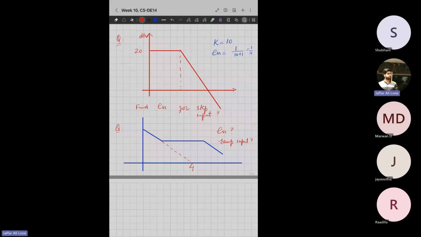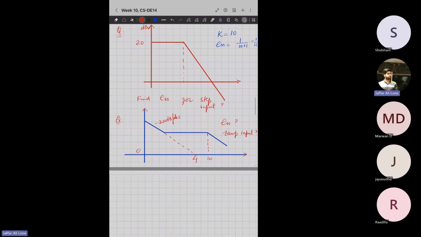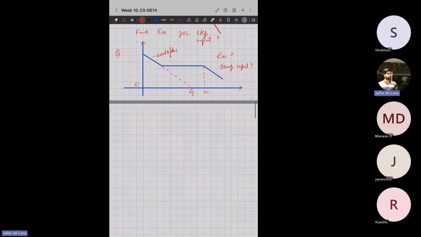Yeah, everybody, it's a good exercise. 0 decibels. Anything can be 10, you don't care. This is minus 20 dB per decade. Solve this question and solve one more question. This will give you confidence.